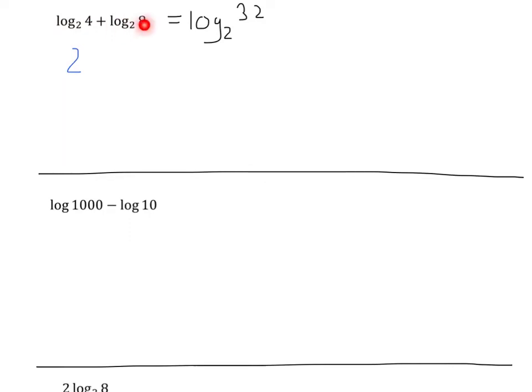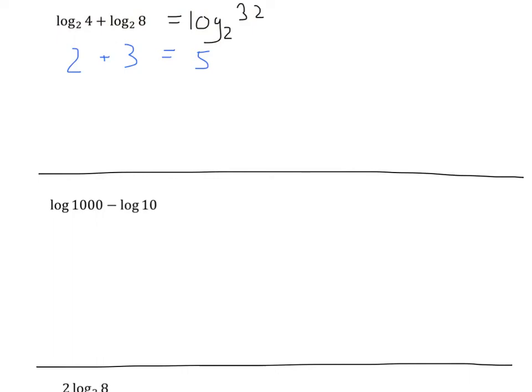And what's log base 2 of 8? That's 3, because 2 to the third power is 8. Is that equal to log base 2 of 32? It is. Log base 2 of 32 is 5, because 2 to the fifth power is 32. So this is true. Again, I didn't prove it to you, I just showed you one example of how that's true.